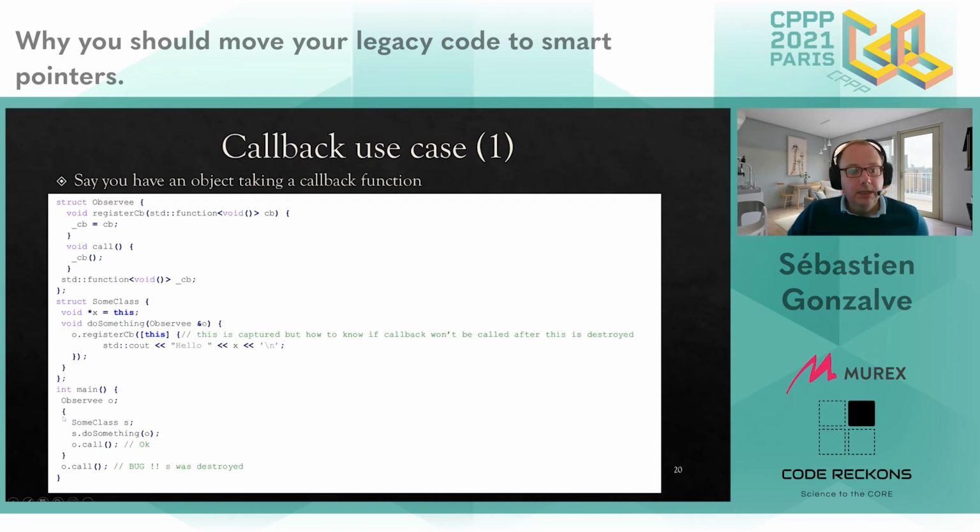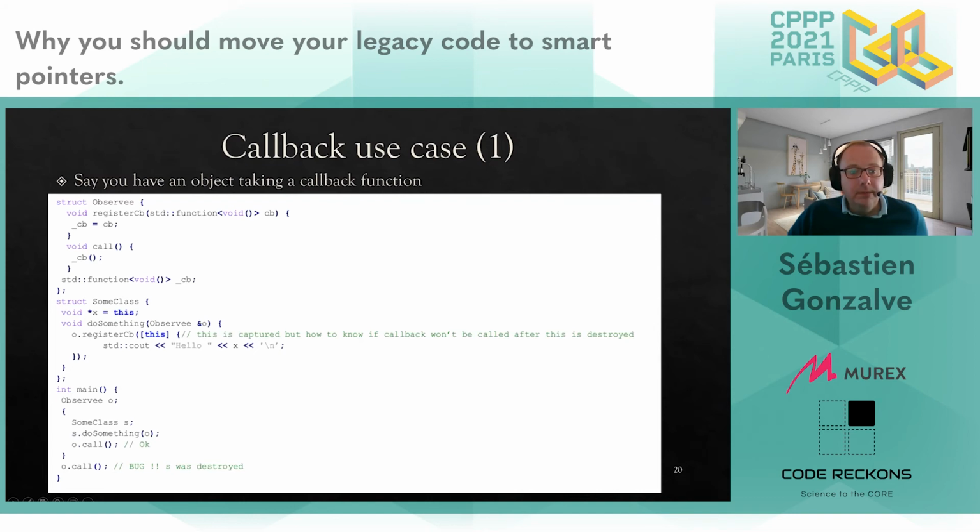The point here is I have some kind of strange construct as well. I create my observee here in main. Then I create the class that wants to observe here in a sub scope. I do something with my class.